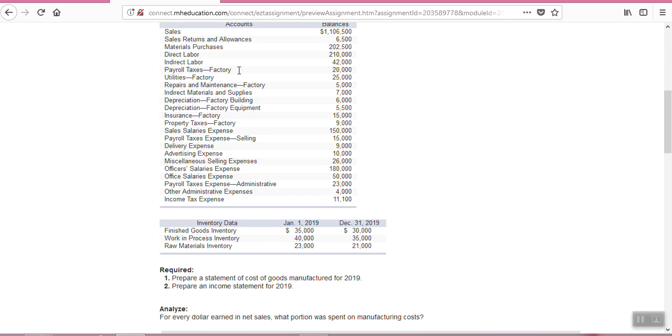So you got indirect labor, and then payroll taxes for factory, utilities for factory. This one actually is labeled indirect supply, so that goes in there too. All of this factory stuff goes in that section. You just take those amounts down. Once you get to the sales salaries, sales doesn't have to do with manufacturing, so you can stop there. The rest of this is information we're going to use later.